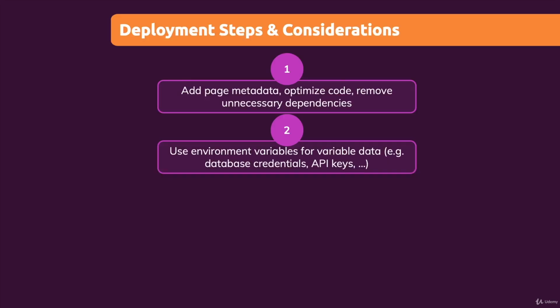And that is something where environment variables will be able to help us. Another use case could be API keys if you're using the Google Maps SDK, for example. These are things which you might want to manage with environment variables. And therefore, that is of course also something we're going to explore in this course section.